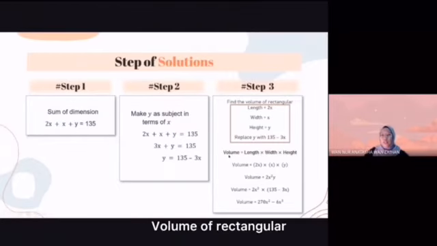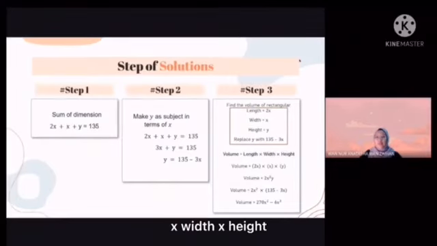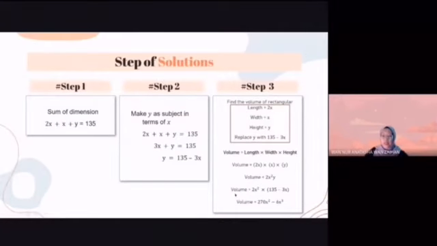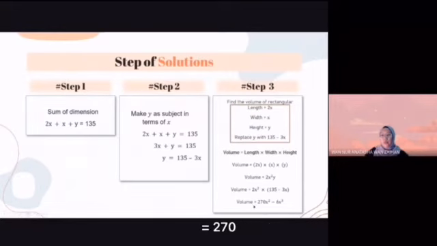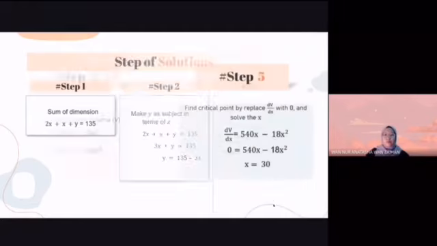The formula for volume is length times width times height, so volume equals 2x times x times y. After we replace y, we get the volume equal to 270x squared minus 6x cubed.